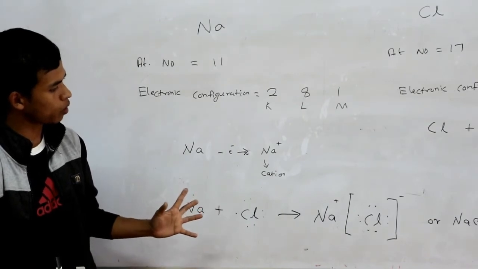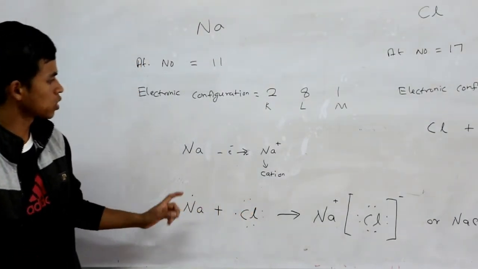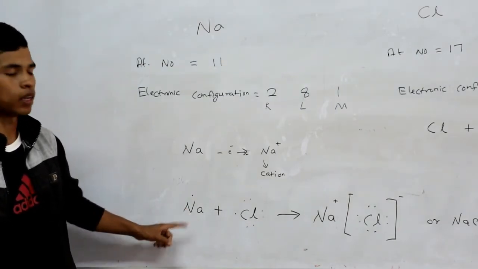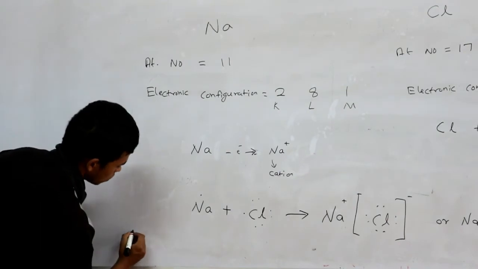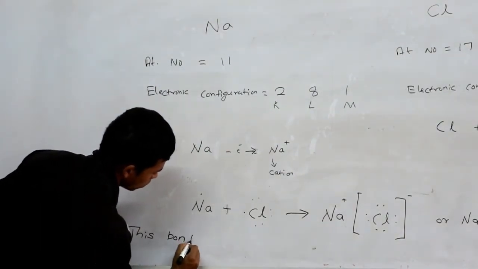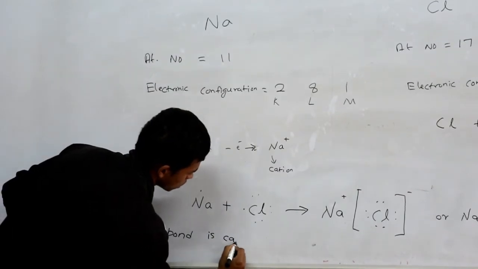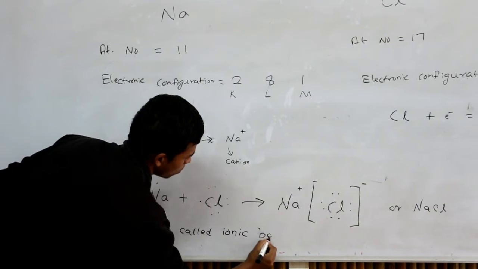So this type of bond, which is formed by gaining and losing of electrons, is called the ionic bond.